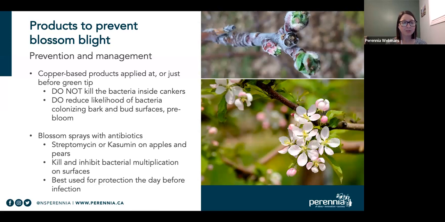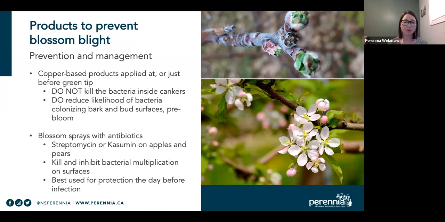So now getting into management products during blossom blight, or I guess I should say first beforehand, we do have those copper-based products that can be applied at or just before green tip, which we've already passed now for fresh market varieties. Basically what the copper does is it's not killing bacteria inside the cankers.